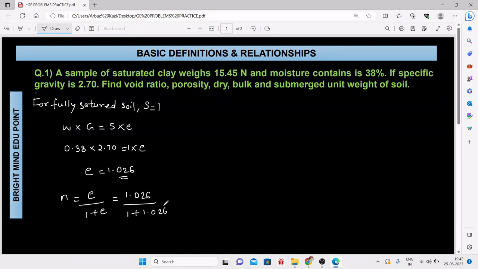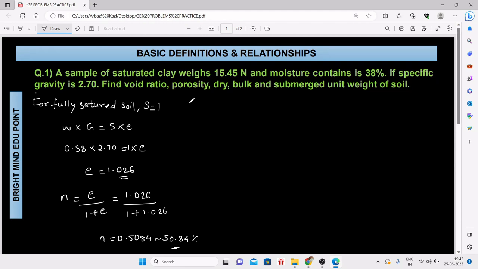And on solving, we'll get the value of porosity as 0.5084. So that is, if we express in percentage, comes out as 50.84%.